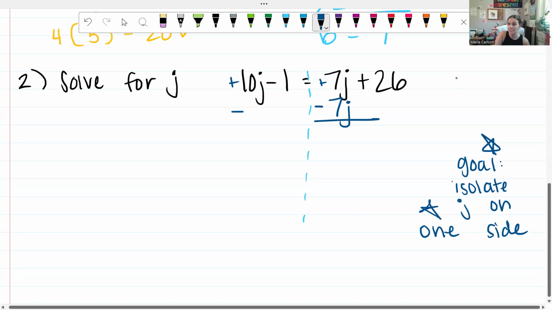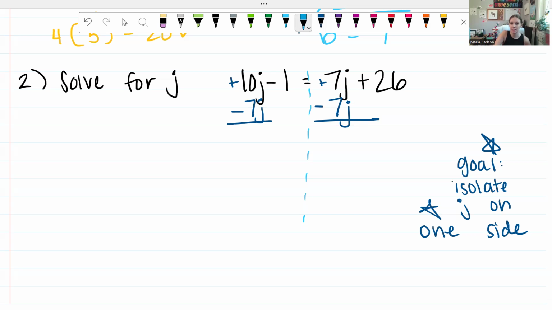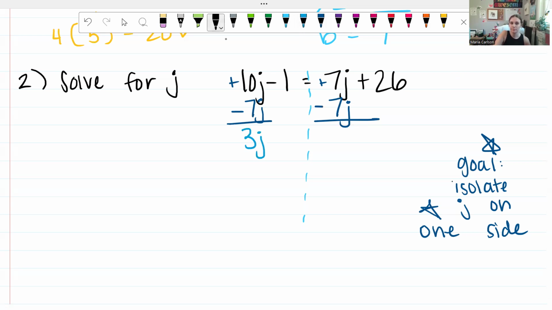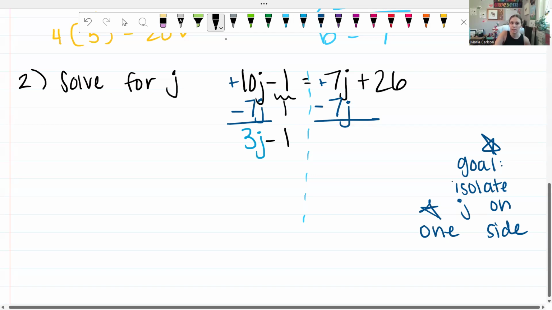Now, if I subtract it from the left-hand side, I'm going to subtract it with the like term 10j. 10j minus 7j. I can't subtract 7j from 1. So 10j minus 7j, 10 minus 7 gives us 3j minus 1. Just bringing this minus 1 down. And that is equal to the 7j minus 7j will cancel, leaving us with just 26.